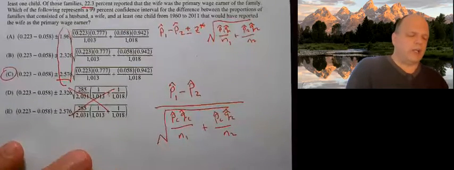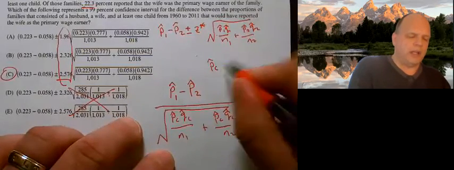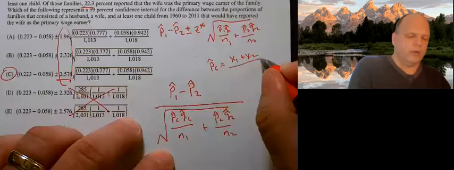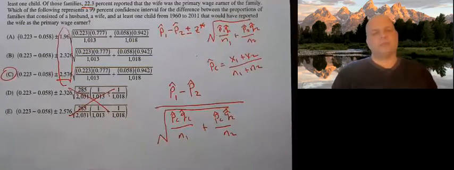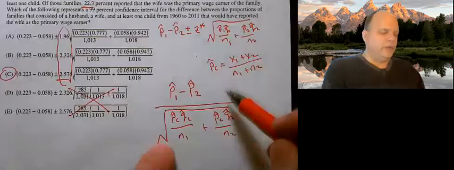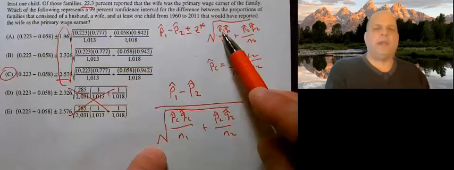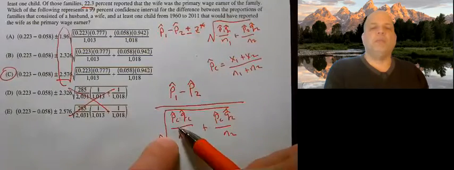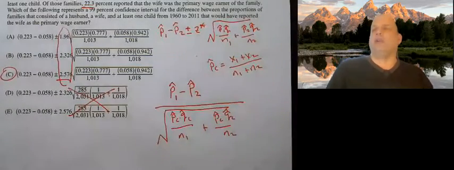And we would need to calculate P combined, or P hat combined, equals X1 plus X2 over N1 plus N2. So once again, be careful. Confidence interval is going to be P hat 1, Q hat 1. Hypothesis test, P hat combined, Q hat combined. Make sure you make the distinction and you're careful with that.